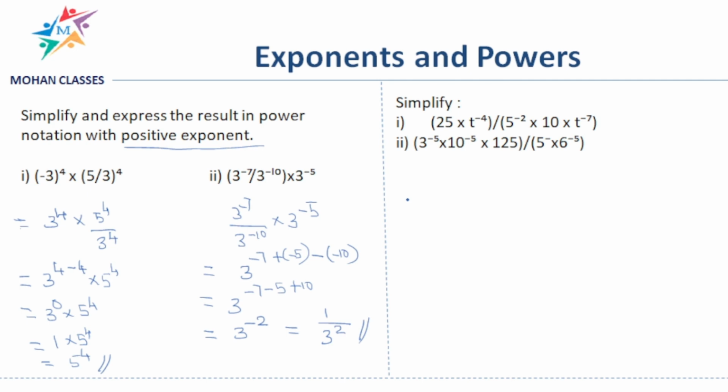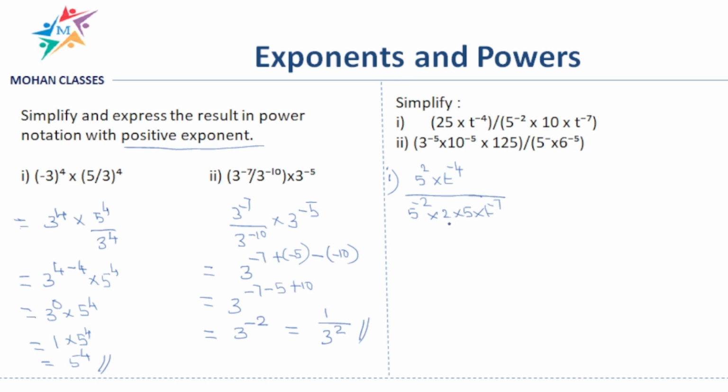Here let us do this. 25 into t to the power of minus 4, whole divided by 5 to the power of minus 2 into 10 into t to the power of minus 7. This 25 we can write as 5 square into t to the power of minus 4, divided by 5 to the power of minus 2, and this 10 we can write as 2 into 5, into t to the power of minus 7.